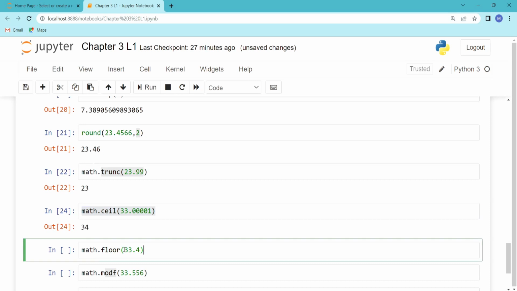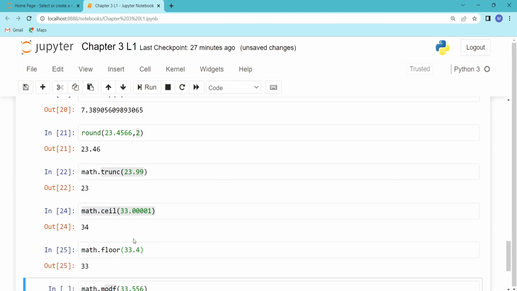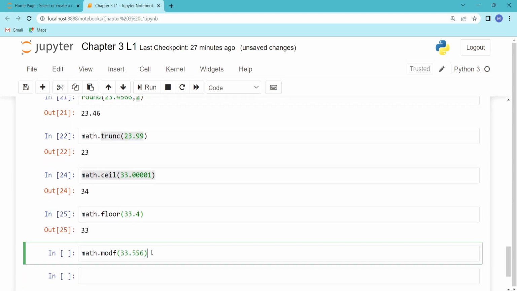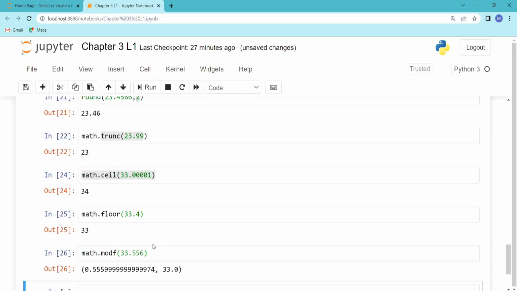Whereas math.floor will round off to the previous digit. When it comes to math.modf, it will separate out the integer part and the decimal part. So these are the functions which we use in math for limiting the number of digits after the decimal point, or to separate out the integer value and the decimal part.